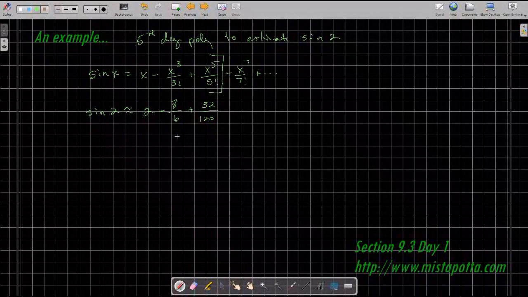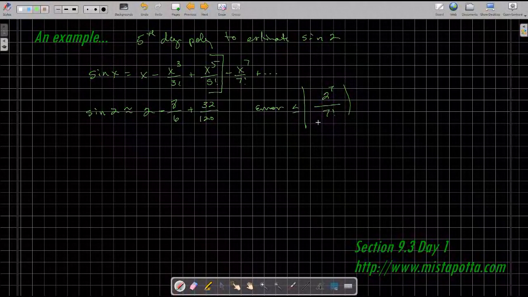If I want to use this to represent the sine of 2, my error is actually going to be less than or equal to the absolute value of this next term. In other words, 2 to the 7th power over 7 factorial.